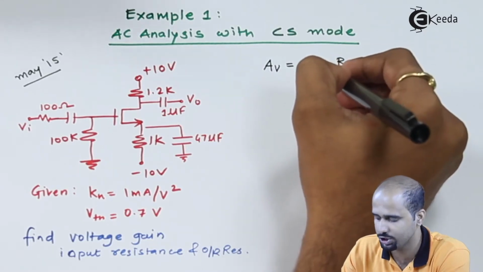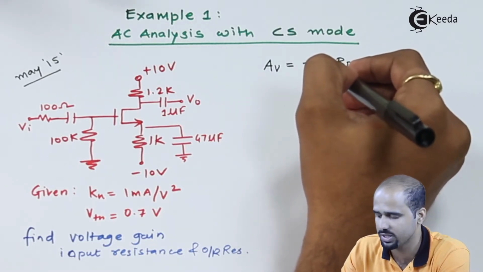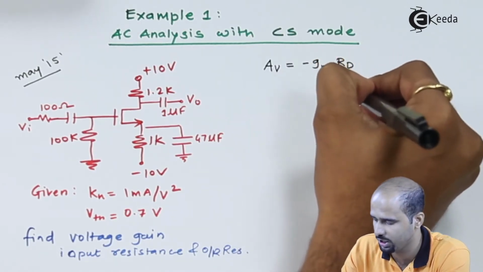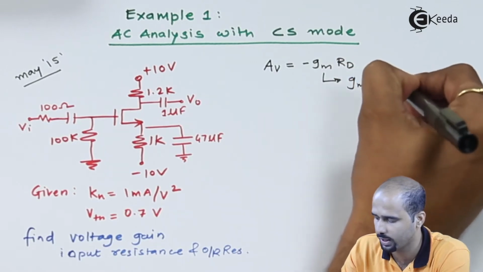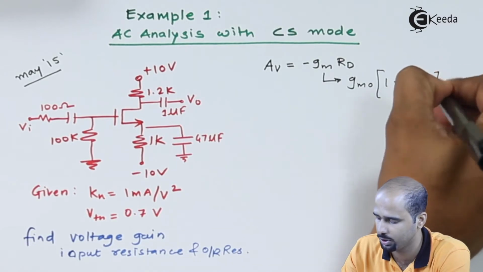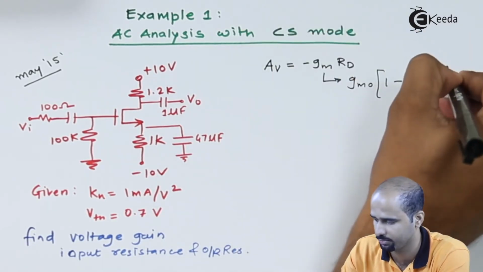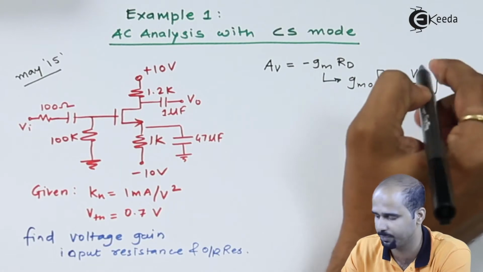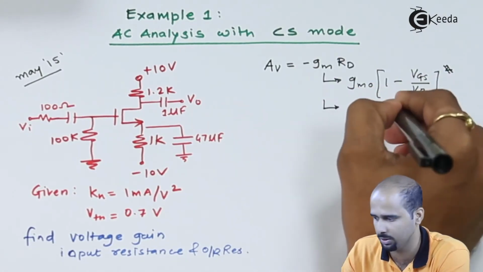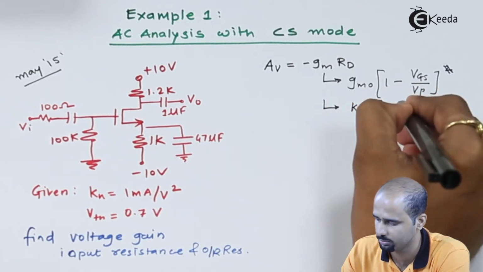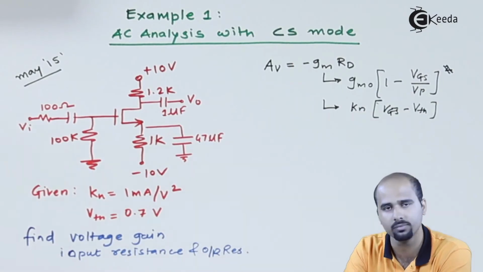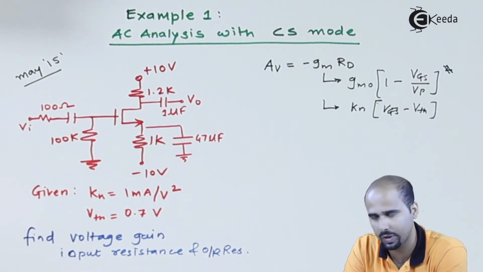So basically gm value we will be getting once we get the value of VGS, because gm is nothing but gm0 into 1 minus VGS divided by VP the whole square. And in enhancement type of MOSFET, that becomes Kn into VGS minus VTH. That will be the value for gm, right?